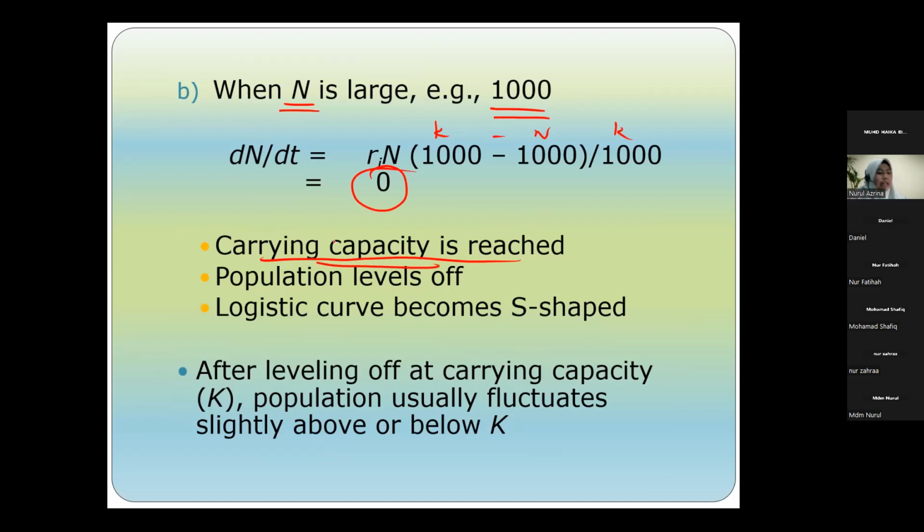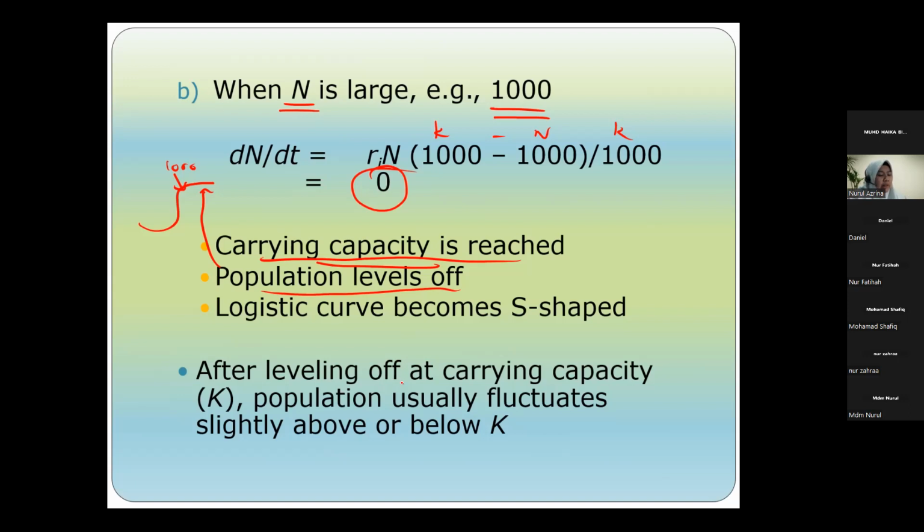It has reached the carrying capacity, so this is its limit. It has reached 1,000. So what happens? The population will level off. It becomes stagnant like that. And the logistic growth curve becomes S-shaped.